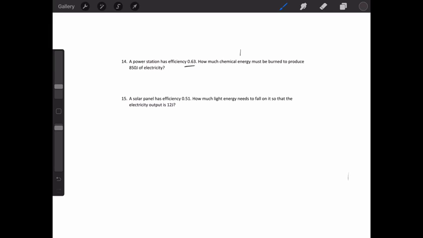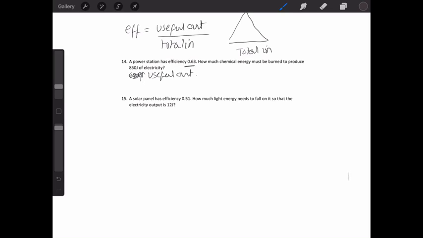So they're asking about the total energy in to produce the useful energy out. So this time with our equation, efficiency is equal to the useful out divided by the total in of energy. We looked at the triangle before. If we made a triangle, useful out would need to be divided by total in, and efficiency would be over here. And therefore this time we're covering over the total in to look at what we need to do.